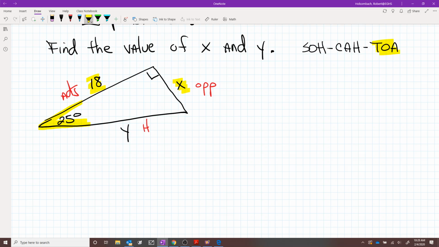Now you write your equation. So the equation to solve for x here is going to be tangent of 25 equals the opposite side over the adjacent side. To solve for x, you multiply both sides by 18.